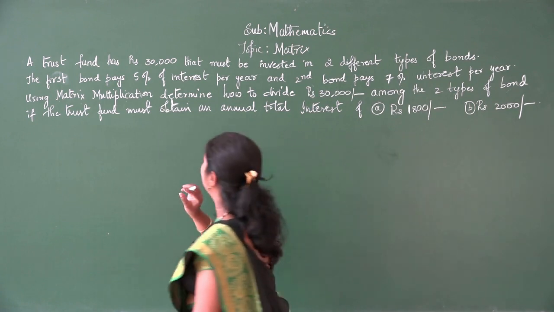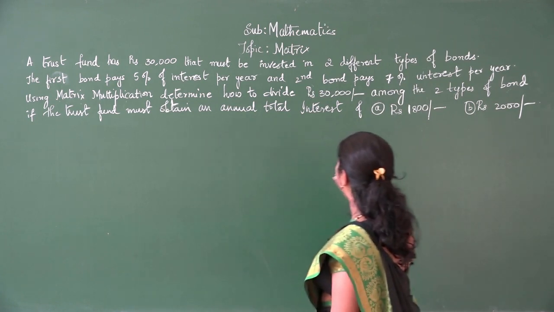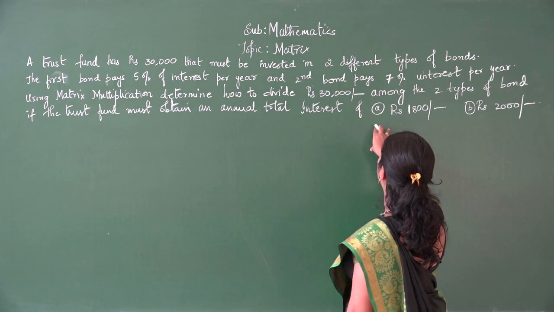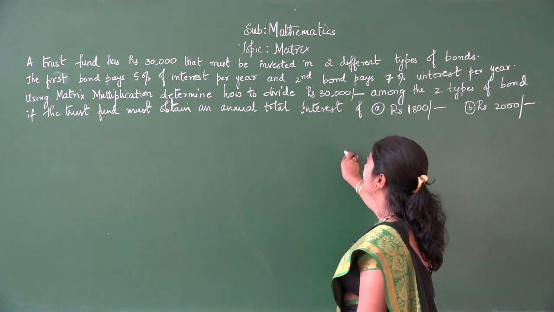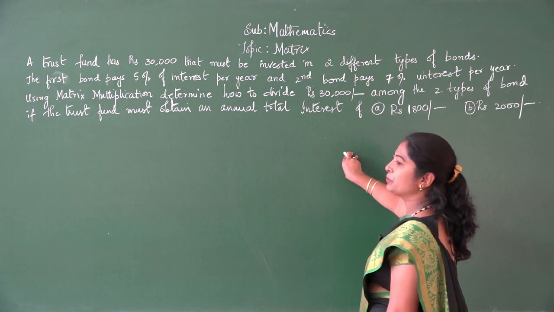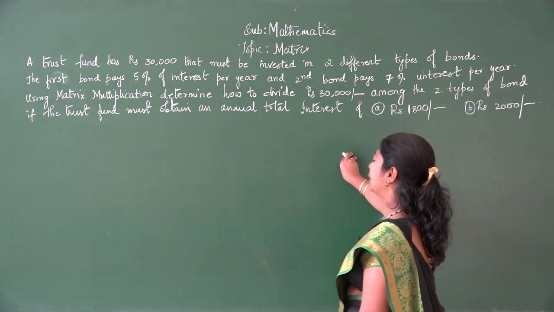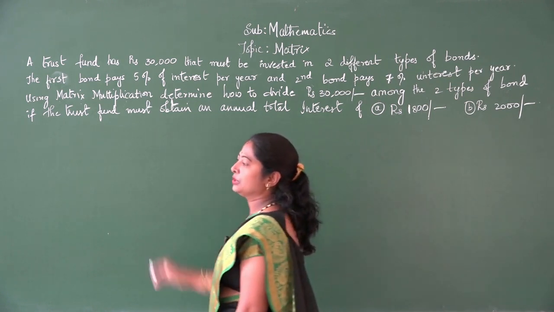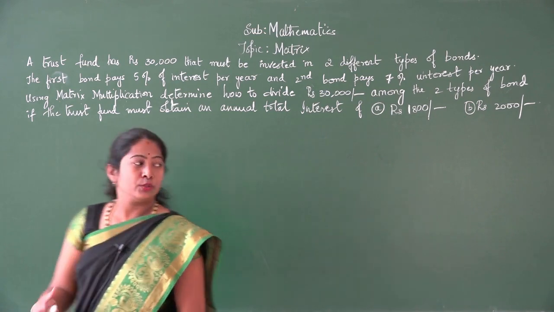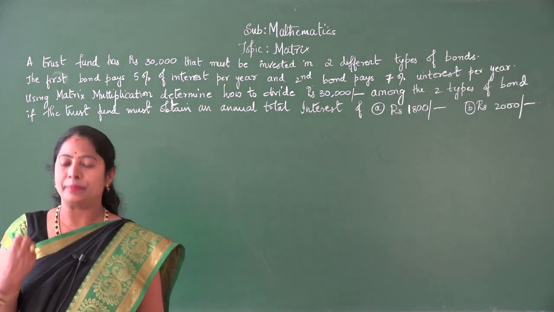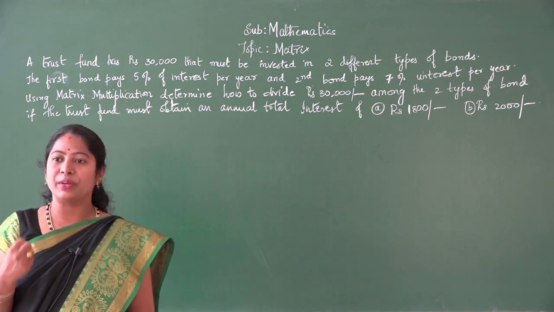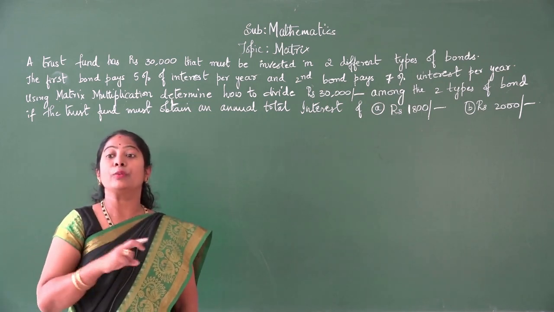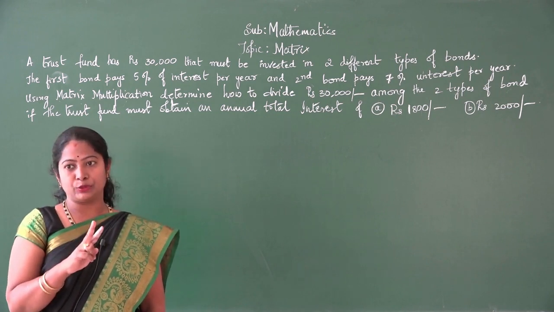Using matrix multiplication, determine how to divide rupees 30,000 among the two types of bonds, if the trust fund must obtain an annual total interest of rupees 1,800 and, in the second case, rupees 2,000. To summarize, the total principal amount is 30,000 and we are supposed to divide this amount into how many types of bond? Two types of bond.